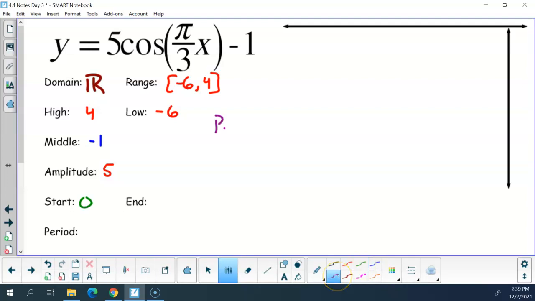So period is going to be 2 pi divided by pi over 3. Keep, change, flip gives me a period of 6.